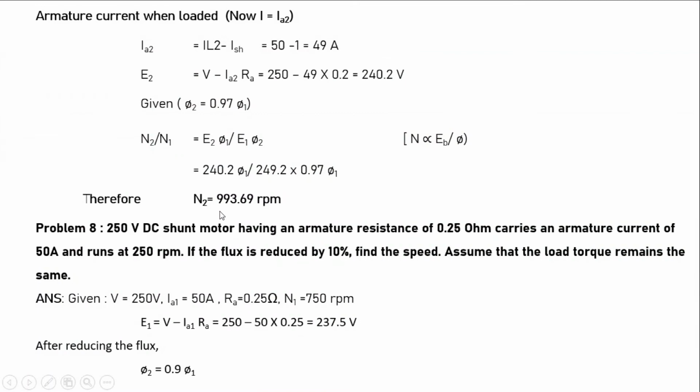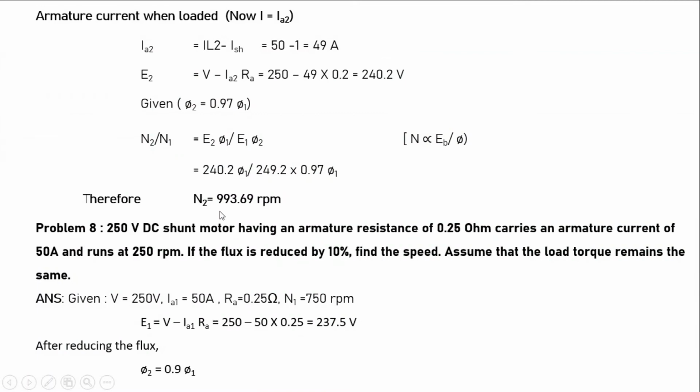Load current is 5 amps, minus shunt field current. Shunt field current is given by V by Rsh, 250 by the shunt field resistance 250, so 1 amp. So 5 minus 1, 4 amps. Once you find Ia1, we can find E1 as 249.2 volts. So this much you have to do.